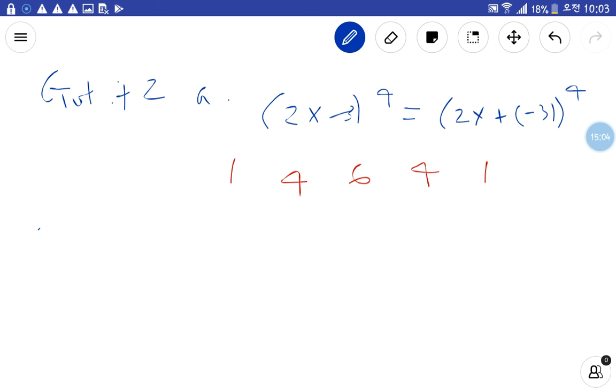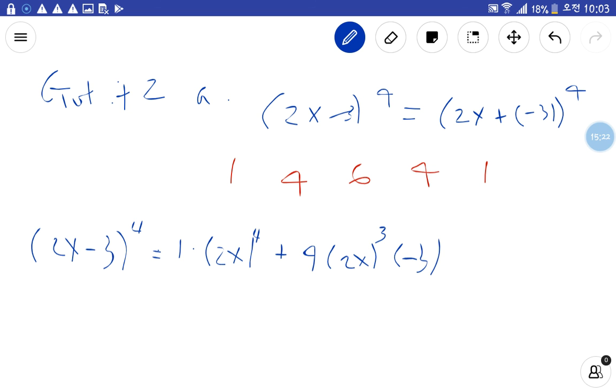So now I have 2x minus 3 to the 4th power, which is 1 times 2x to the 4th power, and then 4, 2x to the 3rd power, negative 3 to the 1st power, plus 6, 2x to the 2nd power, negative 3 to the 2nd power, plus 4, 2x, negative 3 to the 3rd power.